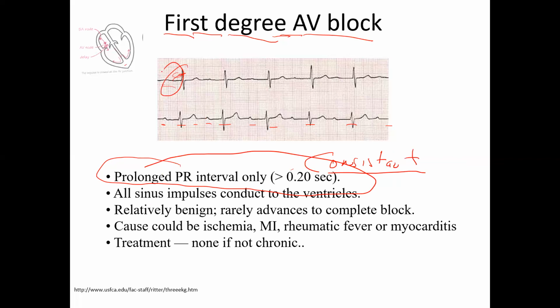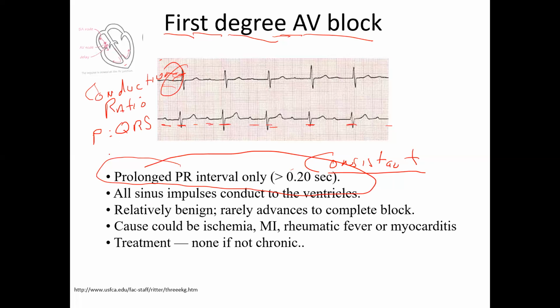And now you talk about what's called the conduction ratio. And that is your P to QRS. So if we did that on this particular EKG strip, you'd have 1 P, 1 QRS, 1 P, 1 QRS, 1 P, 1 QRS every time.